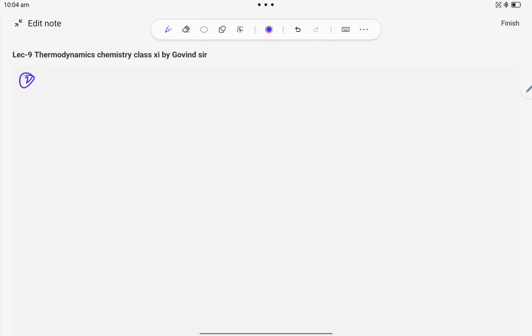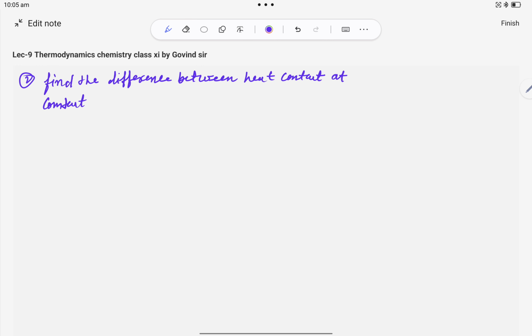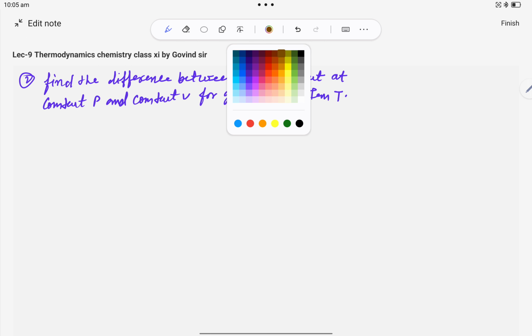Find the difference between heat content at constant pressure and constant volume for the given reaction at temperature T. So what are they asking?